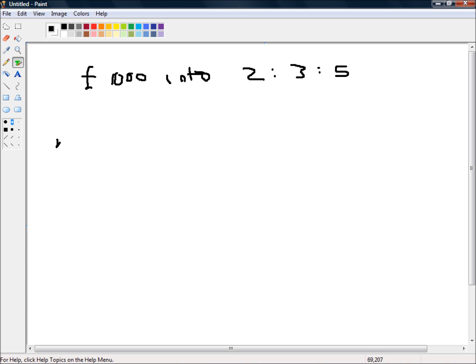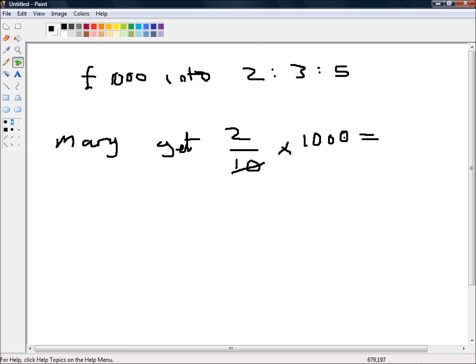So Mary, who paid in £2, will get 2/10 of £1,000, which is equal to, well, we can divide 1,000 by 10, so that's 100. So she gets £200.